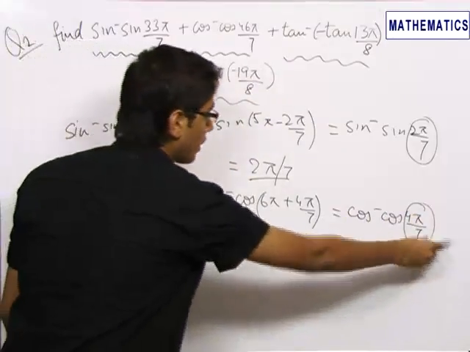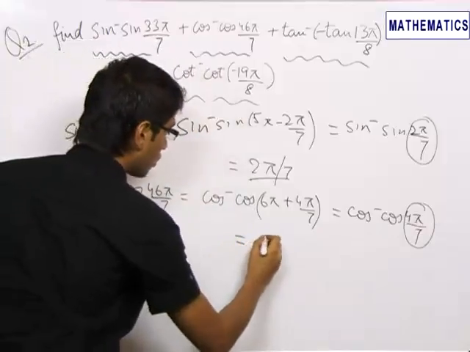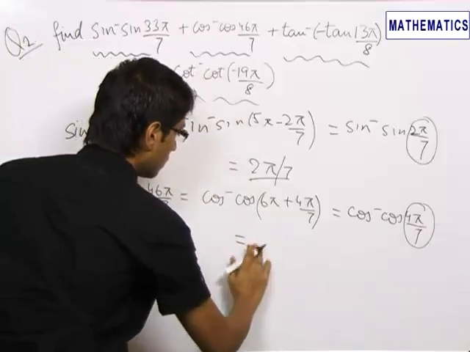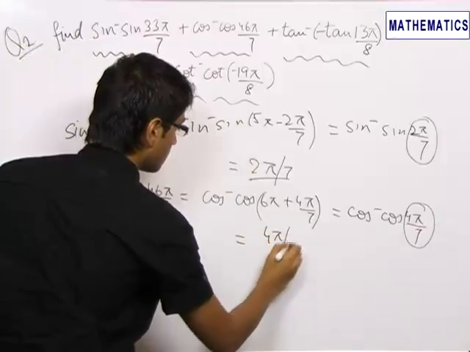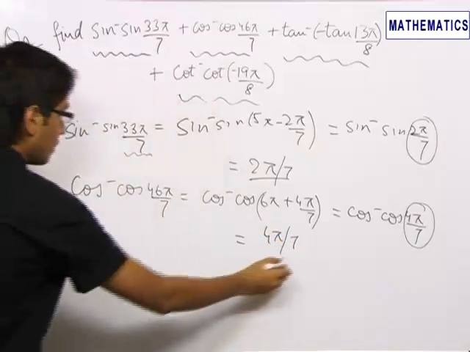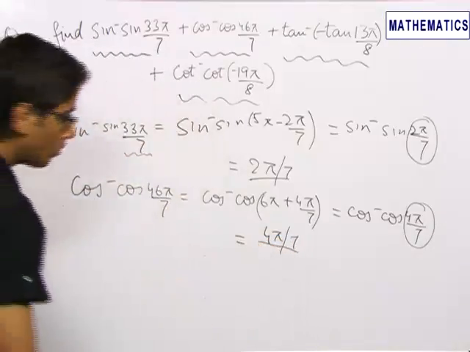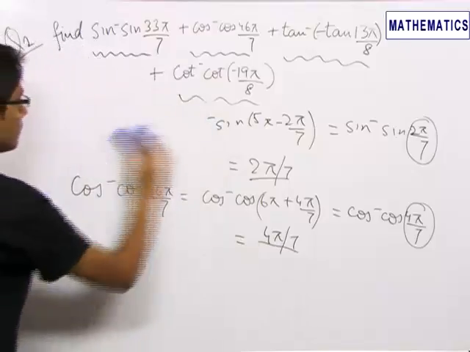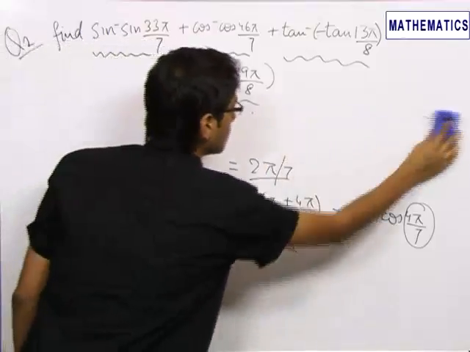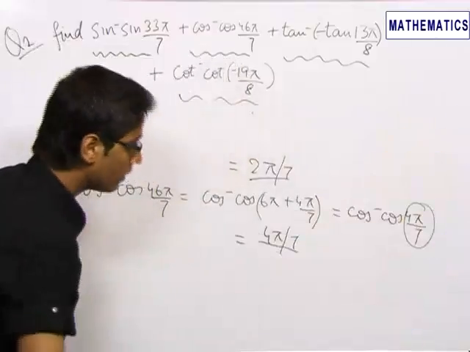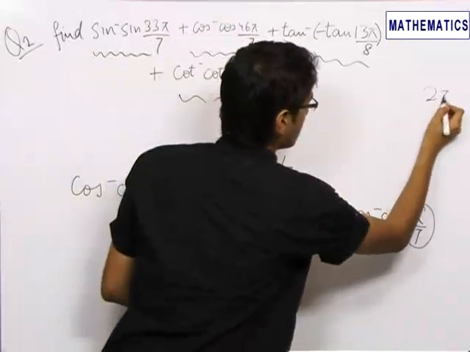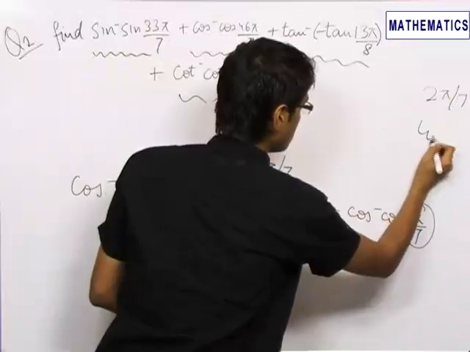So this 4 pi by 7 can directly come out of the cos function to become 4 pi by 7. So we have got two values, we need to find out the other two. We'll write down the values on the right hand side.